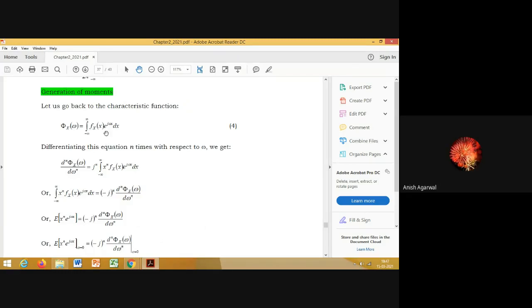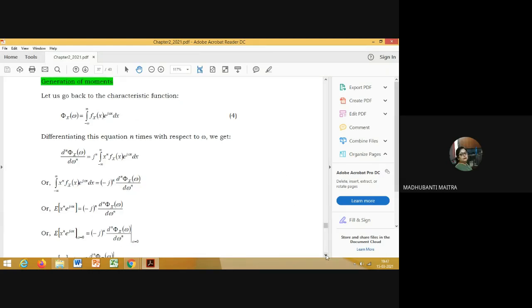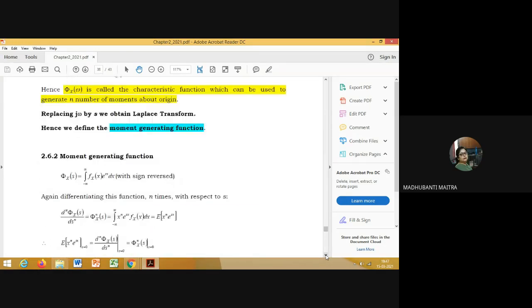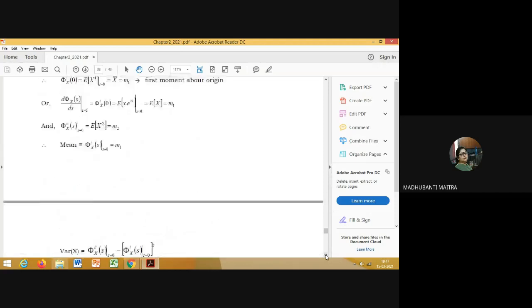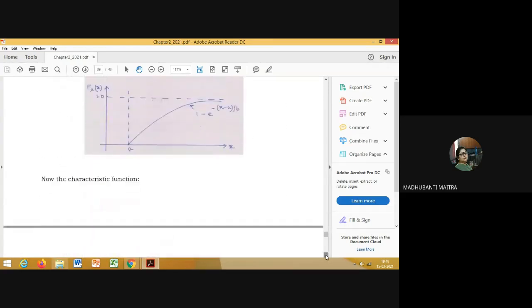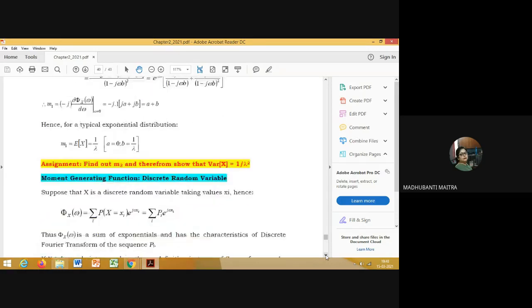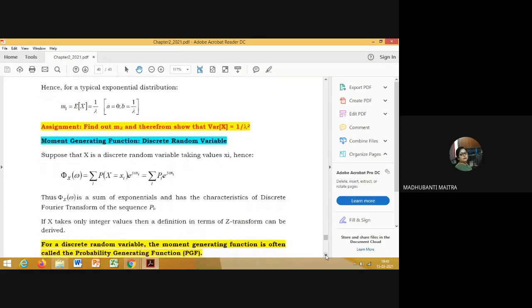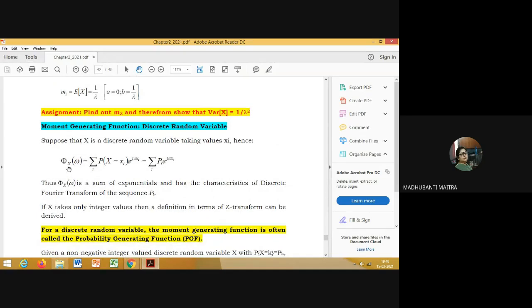And this is the function which is remaining. Now the characteristic function can be written as the summation of all these probabilities, probability x is equal to xi, where i is varying, and this part will remain e to the power j omega, now instead of x, it will become xi, as we are taking summation over i.